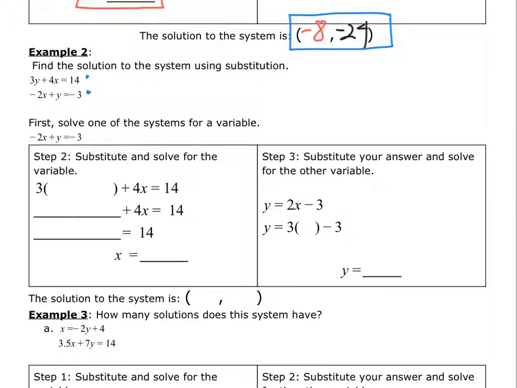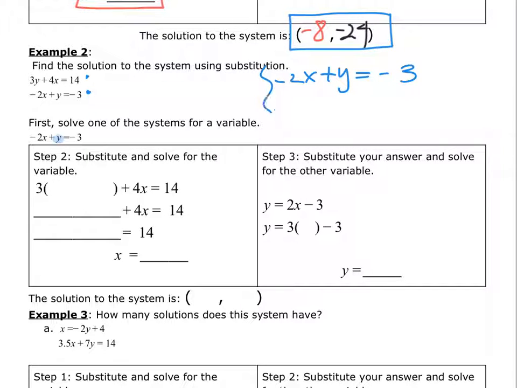Well, which one will be easier to get by itself? The y, right? The y is going to be easier to get by itself, isn't it? So here, I've got negative 2x plus y equals negative 3. So it's just one step to get y by itself.